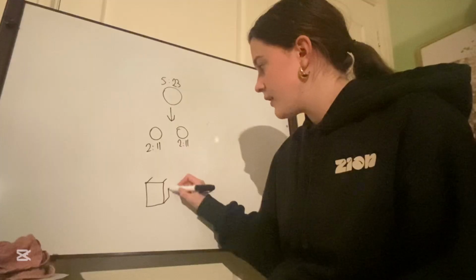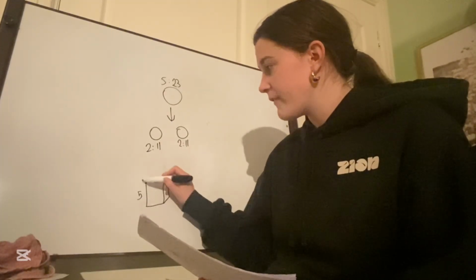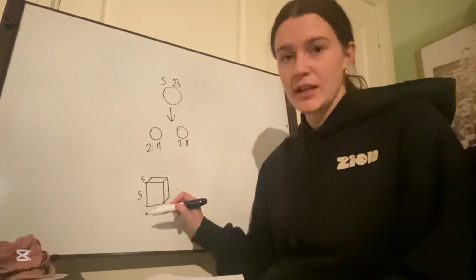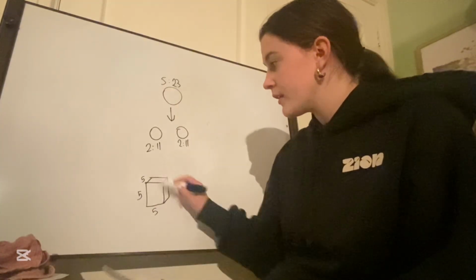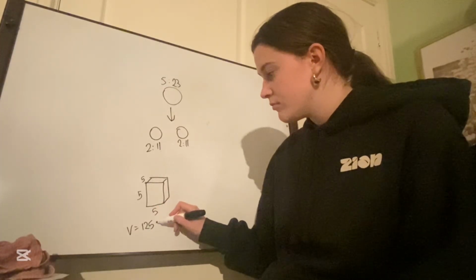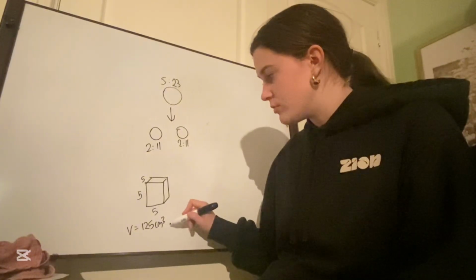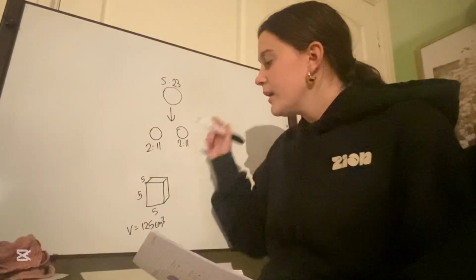all right, and it is 5 centimeters by 5 centimeters by 5 centimeters, it's got a total volume of 125 centimeters cubed, right? Boring. I can't believe we're doing maths and biology. I know.